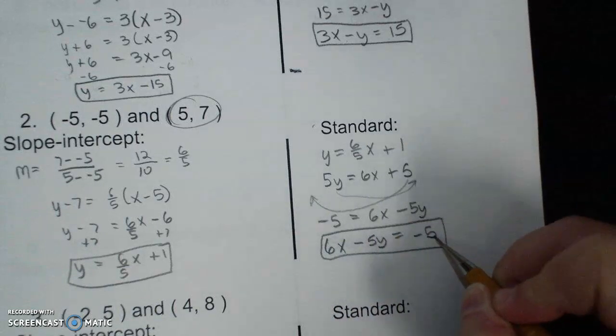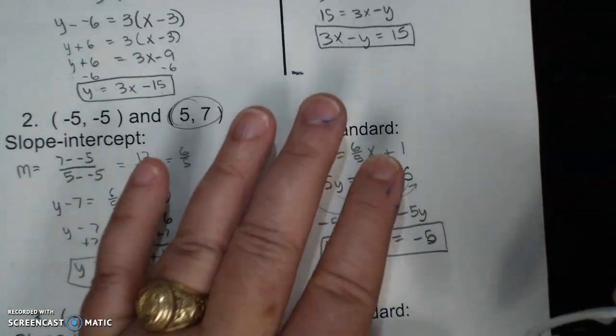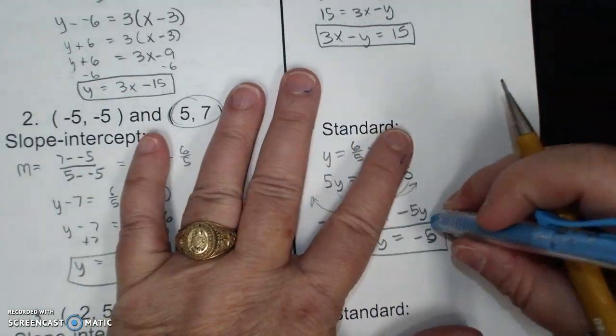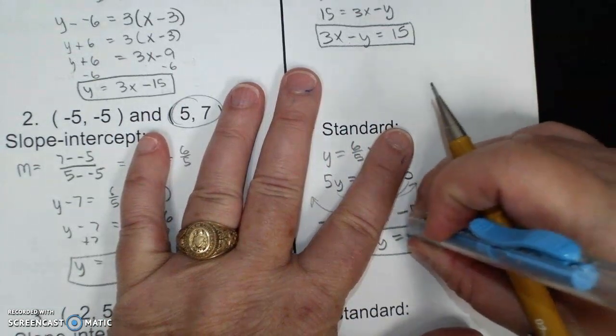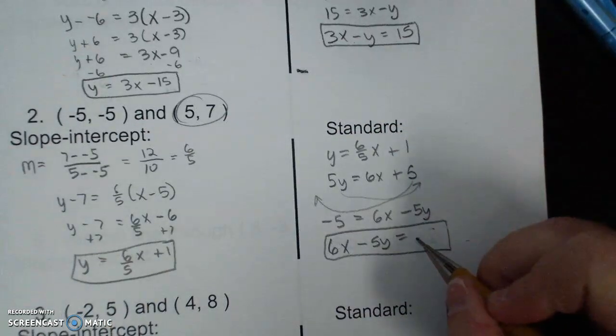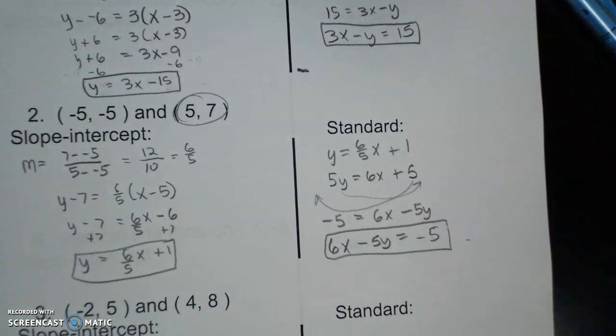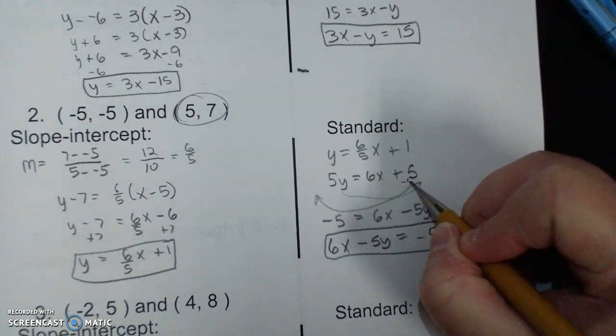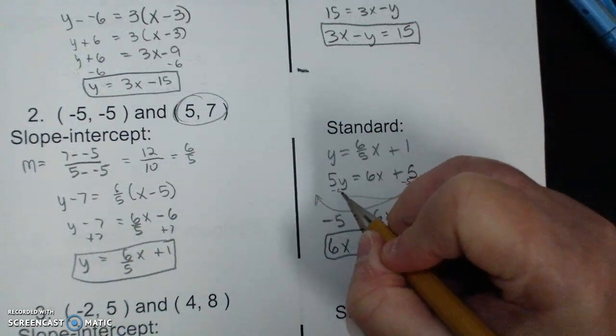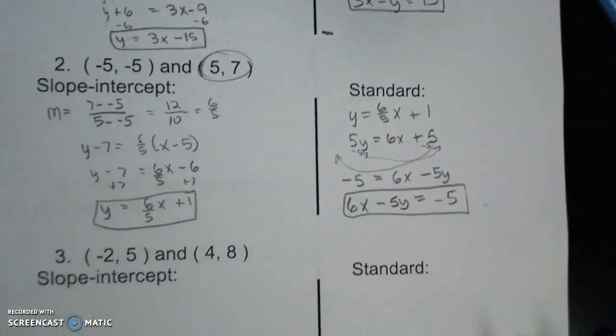There are no fractions. I have a positive a, and that is the standard form. I subtracted 5 here and I subtracted 5y. Basically, I'm making two movements.